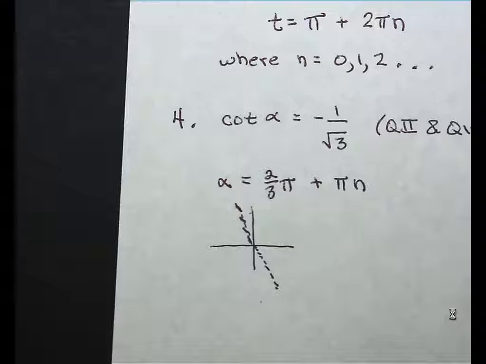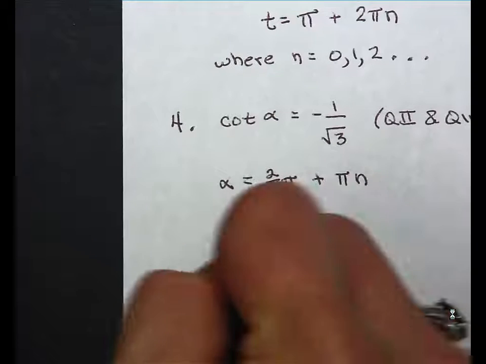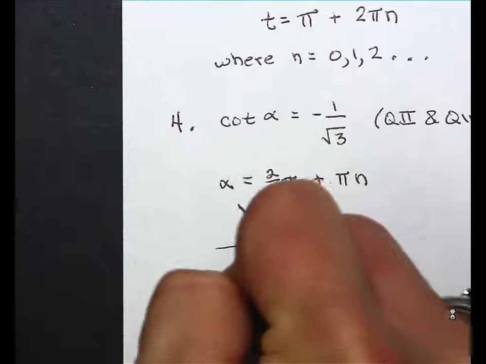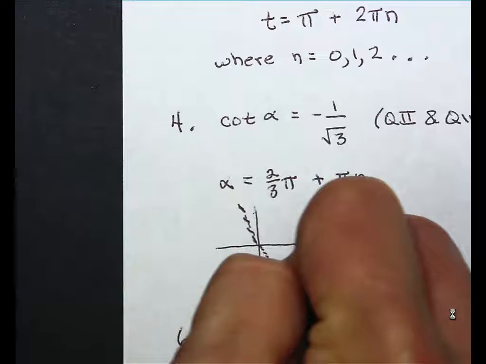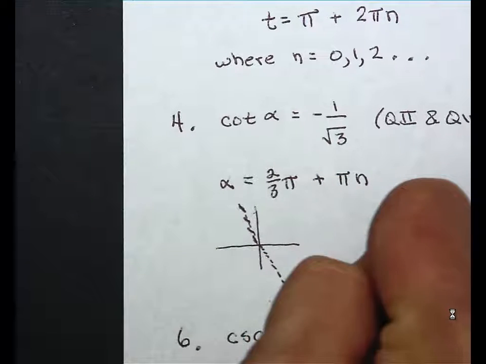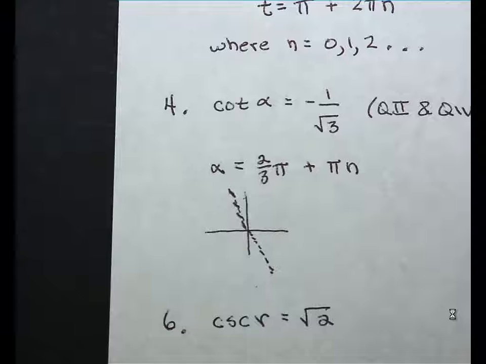All right, number 6. Cosecant gamma is the square root of 2. Whenever I see square root of 2, I think, hey, that's going to happen at what fraction of pi? That's got to be your 45-degree angles or your pi over 4's.